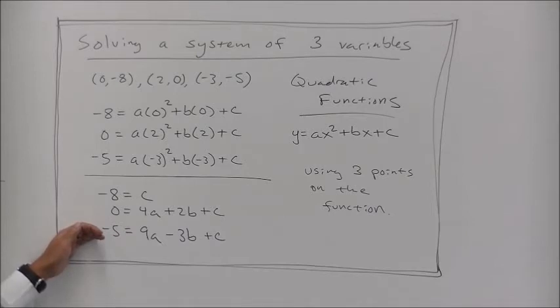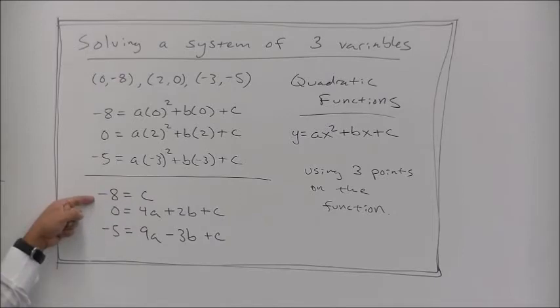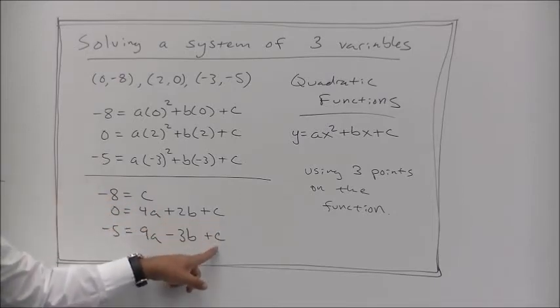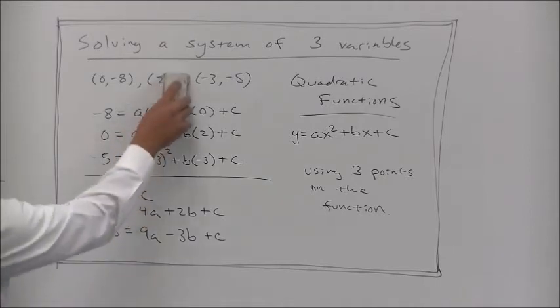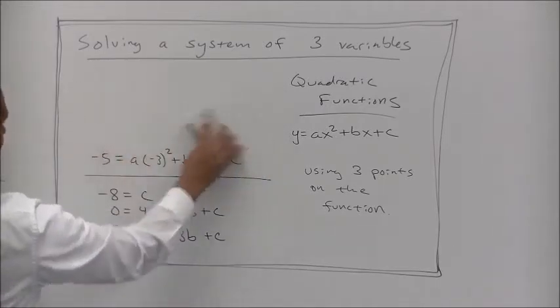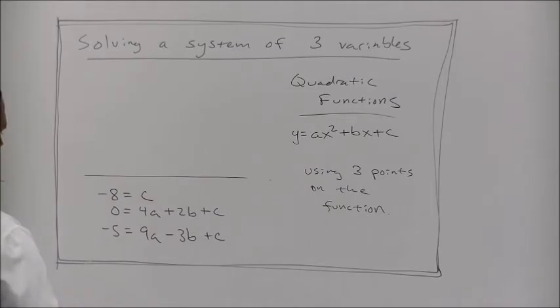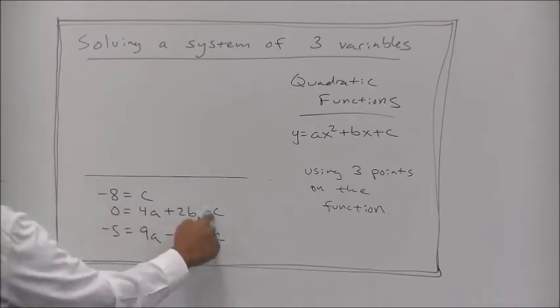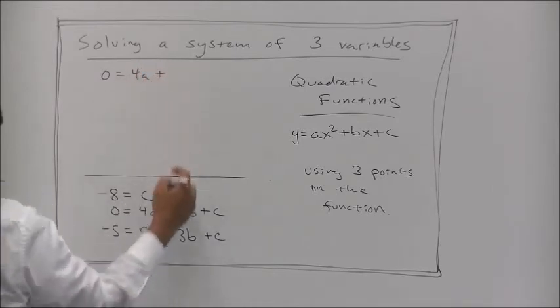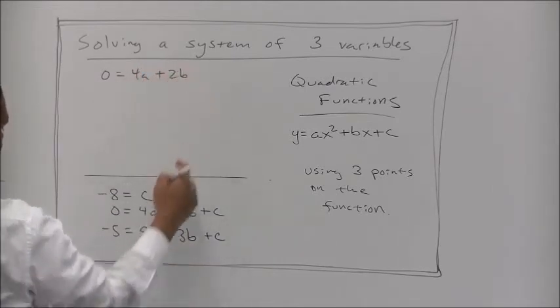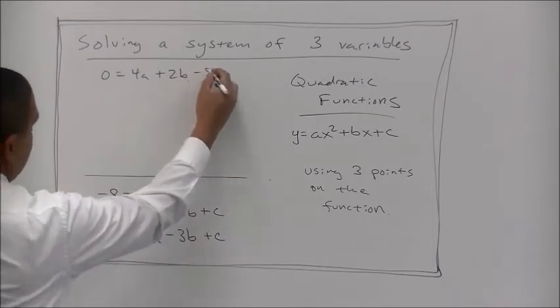Plug in c. We know what c is. Nice. We can put that here for c and reduce it down to 2 unknowns. So substituting negative 8 right here, we would have 0 equals 4a plus 2b minus 8.